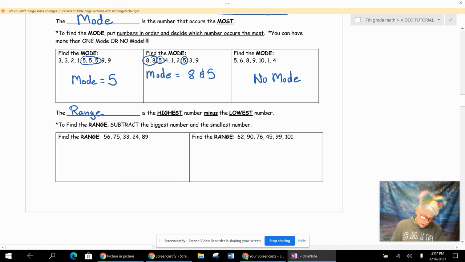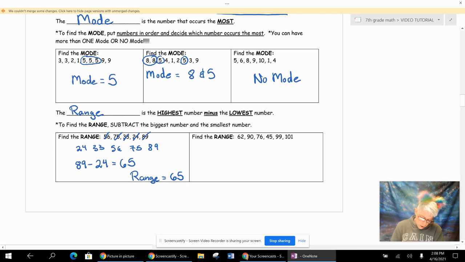So I'm going to put my data in order. 24 is the lowest, then I have a 33, then 56, 75, and an 89. All right, they're in order, so finding the lowest and the highest are super easy. So 89 minus 24 equals 65. So my range is 65.